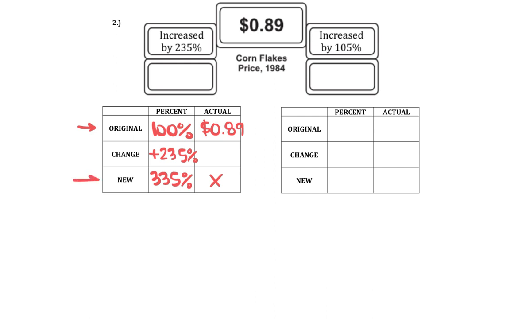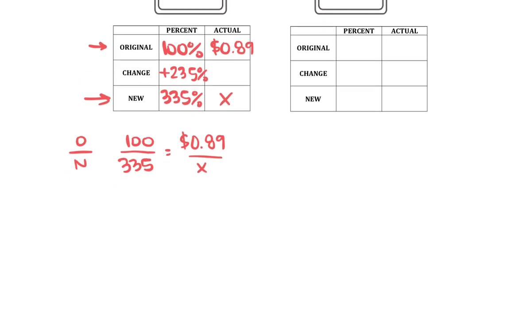And I'm going to compare the original to the new. Sometimes I'll just put little abbreviations there to help me. So this is 100 over 335 equals 89 cents over X. Again, that table just helps me set up the proportion. Now I'm going to use cross products, and here's where I will use my calculator to do 89 cents times 335.